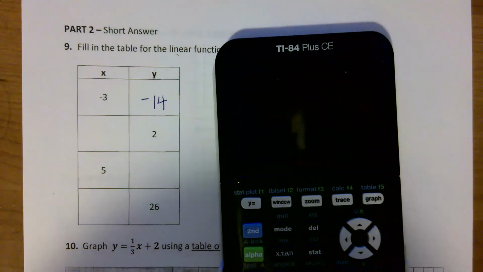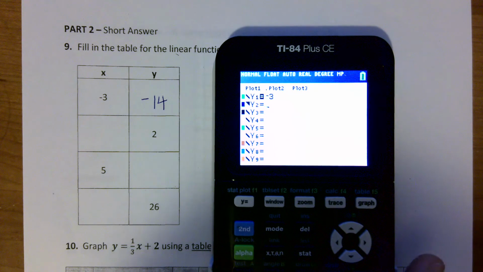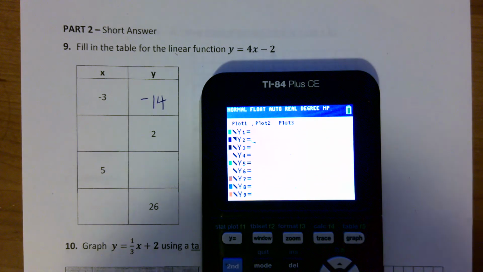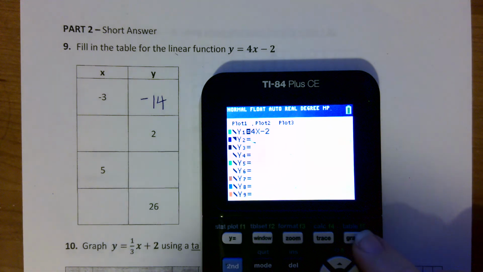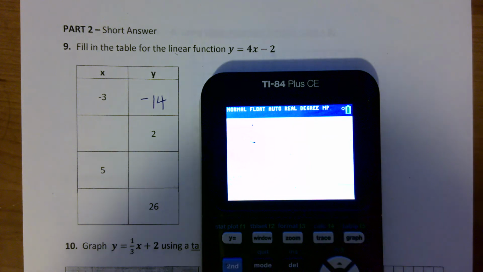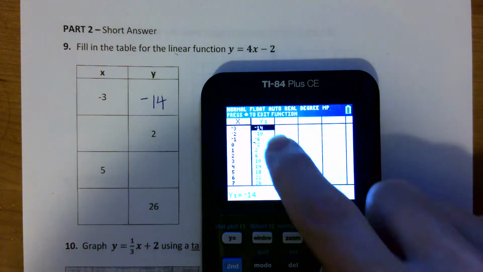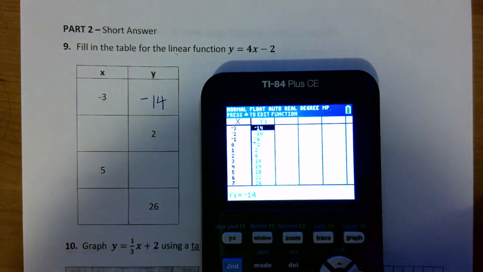Or you could get your calculator, go to y equals, clear that, type in y equals 4x minus 2, and go to your table of values. That's using the second key with your graph. And now I go to where x is negative 3, and I realized I was right. It's negative 14.